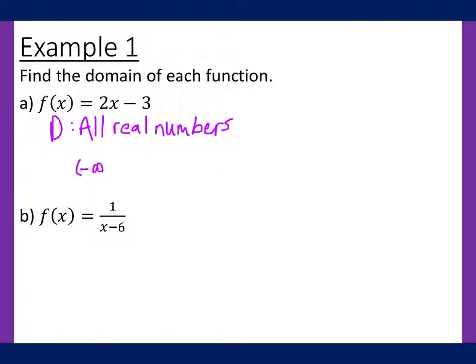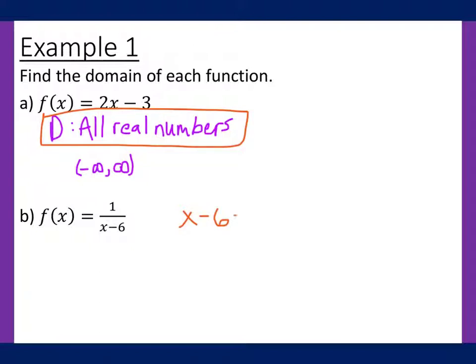All real numbers in interval notation is negative infinity, comma, positive infinity. So that's part A. Anything that doesn't have a fraction, you automatically know the domain is all real numbers. Part B, we have a fraction. We want to take the bottom of that fraction, which is x minus 6, set it equal to 0, and then solve.